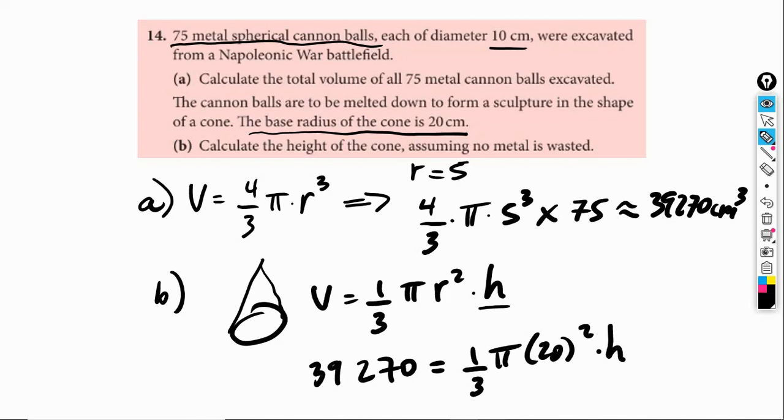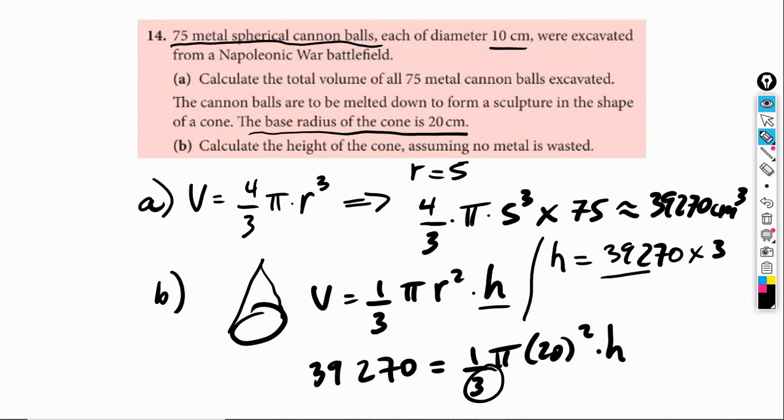You could plug this into the solver and it should give you the correct answer, or you can do it manually. Let's do it manually here. So h is going to equal, let's be careful here because whatever is multiplying will now be dividing. So this would mean 39,270 times 3, because that's the only number that is dividing, right?